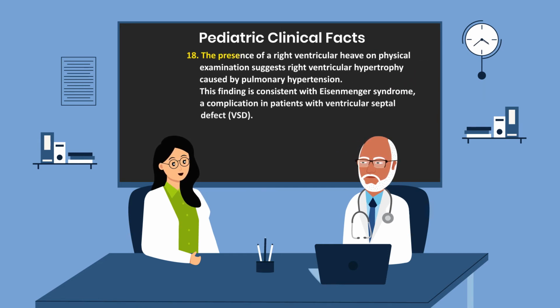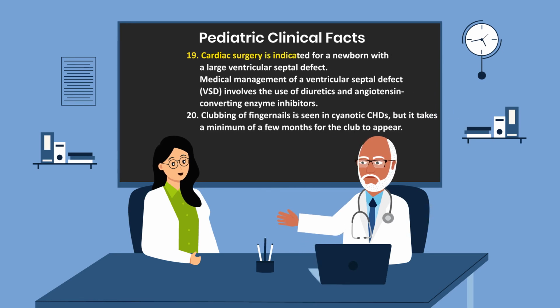The presence of a right ventricular heave on physical exam suggests right ventricular hypertrophy caused by pulmonary hypertension. This finding is consistent with Eisenmenger syndrome, a complication in patients with ventricular septal defect. Cardiac surgery is indicated for a newborn with a large ventricular septal defect.